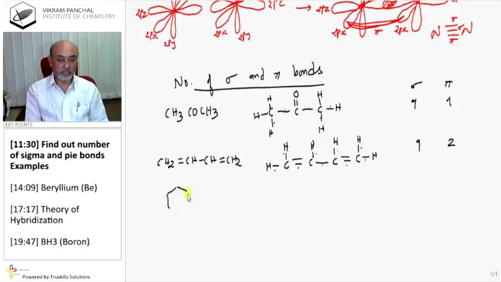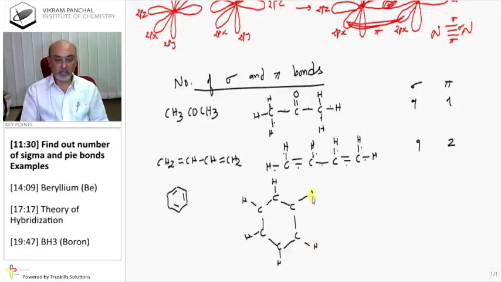Benzene. Well, we draw it like this, but it is in fact 6 carbon, this way.